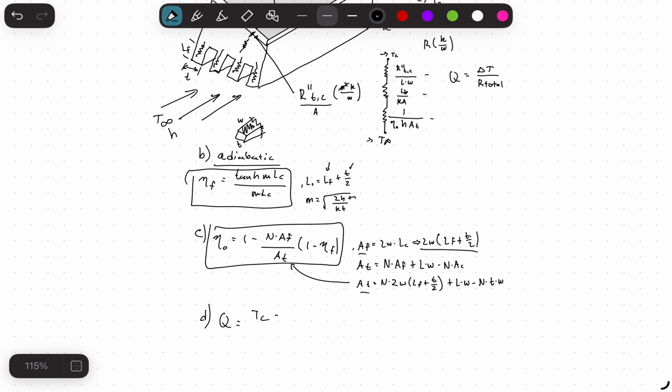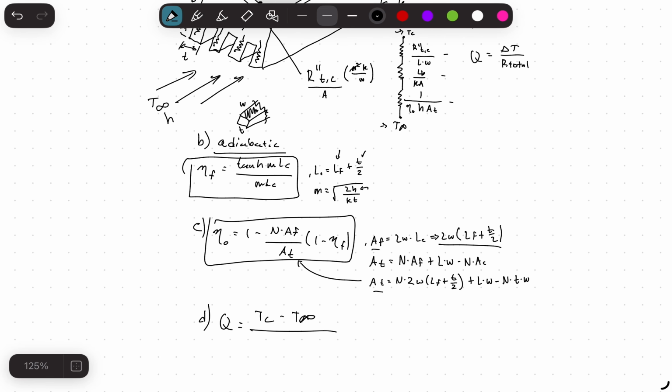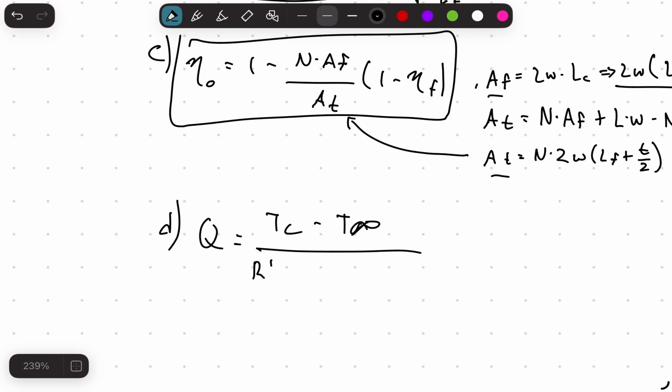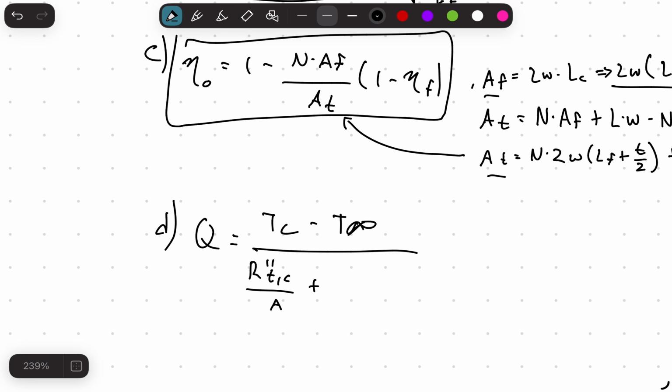So we're going to have the Tc minus T infinity divided by the contact thermal resistance and dividing by area to put it in the correct units, plus the conduction thermal resistance, and then plus the thermal resistance of the total number of fins. Okay, and you don't have to rewrite this variable because you already listed it up here.